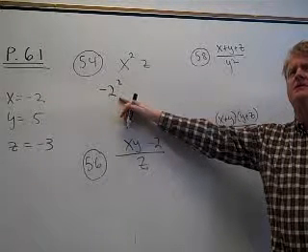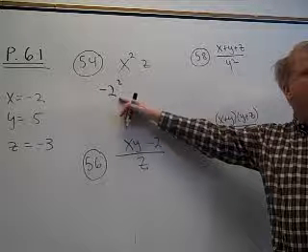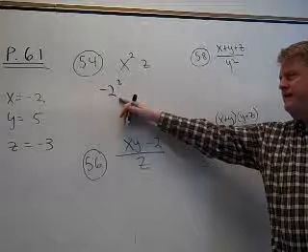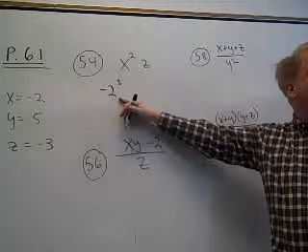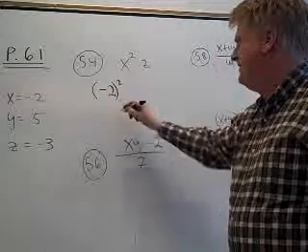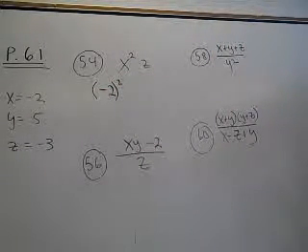Or do we want -2 to be squared? We need to square -2. And how do we denote the fact that -2 is going to be squared? Parentheses around the -2. Now everything in the parentheses is being squared.